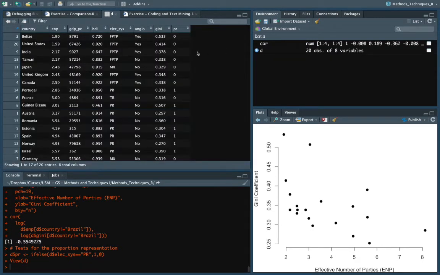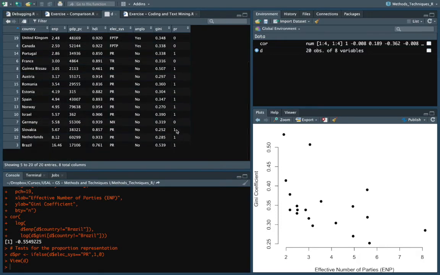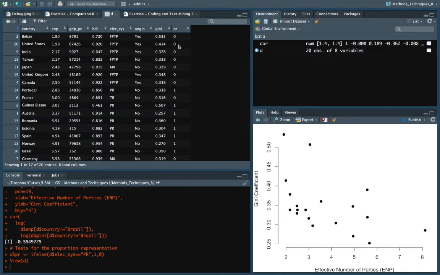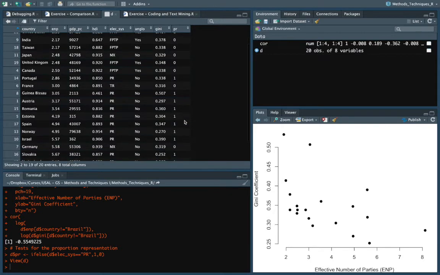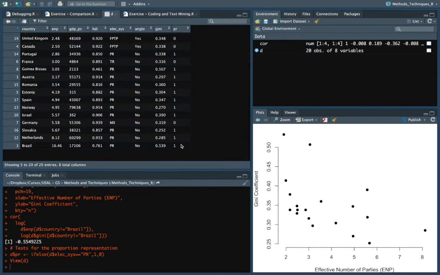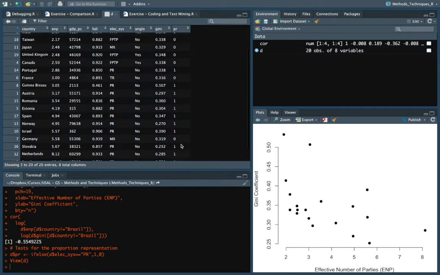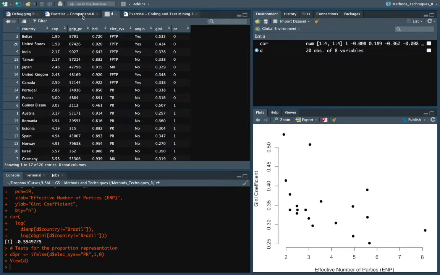Oh, I need to refresh this. Okay, now we can see that if it's not PR, it's 0. So most here, if it's PR, is 1. So I divided into two groups: those countries that have proportional representation and those that have not.